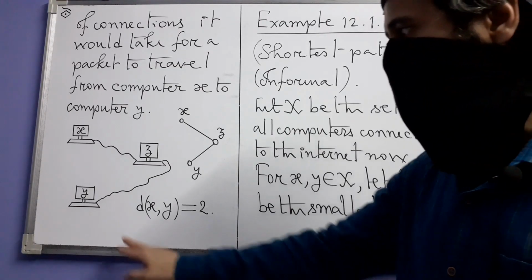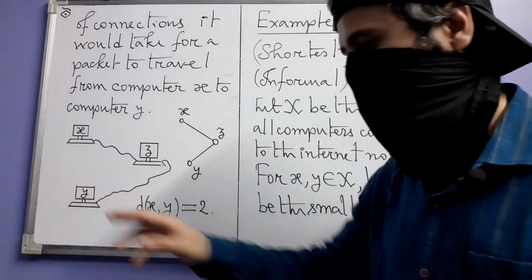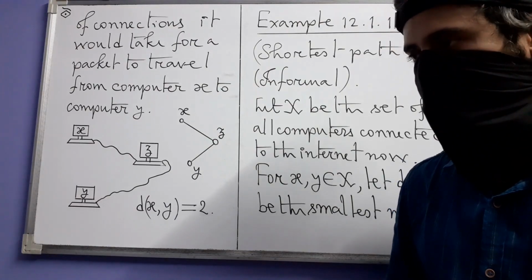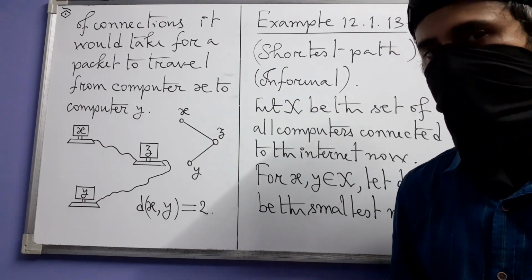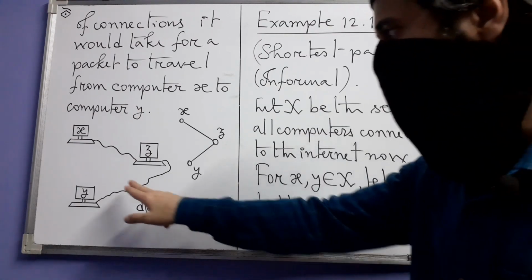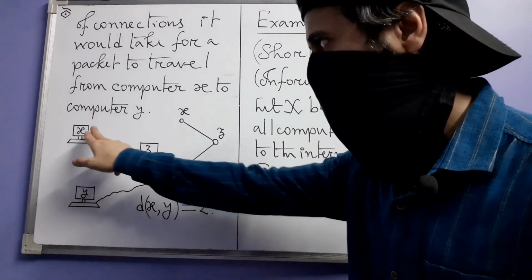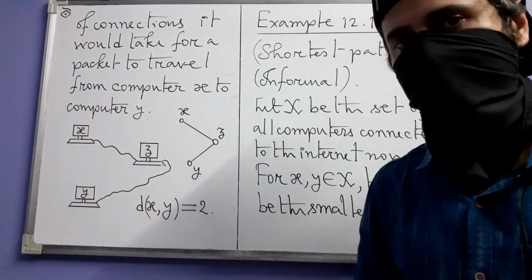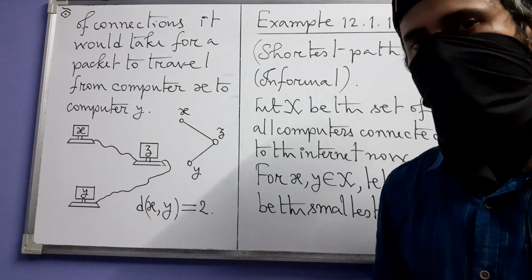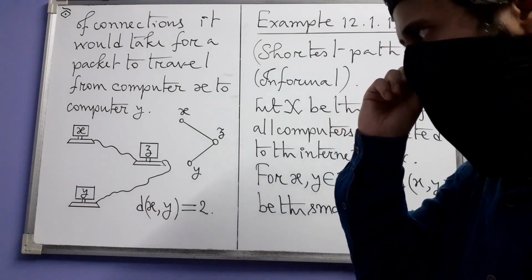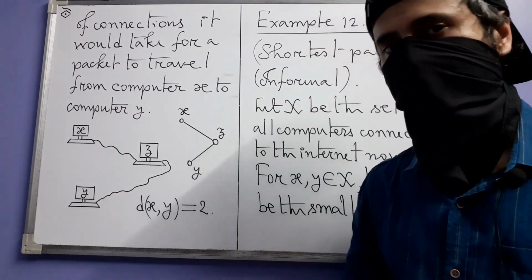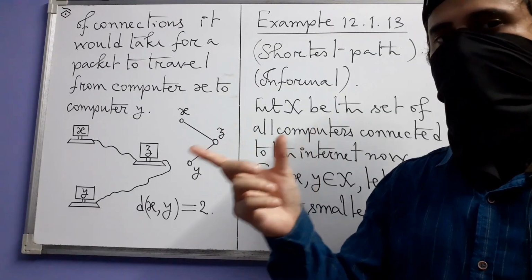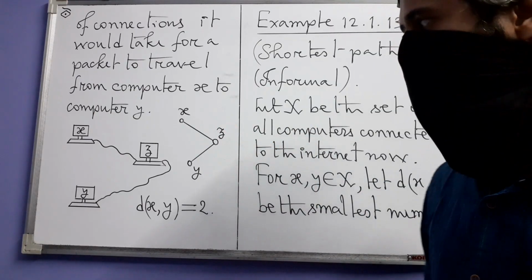So y may be some computer where you have something which you want information about, and you connect your computer x to the internet. That means you switch on the internet, or it's already connected. So you type something there, say on your Google search.